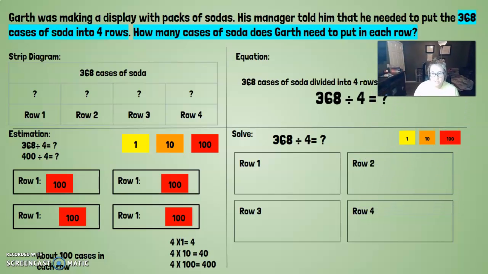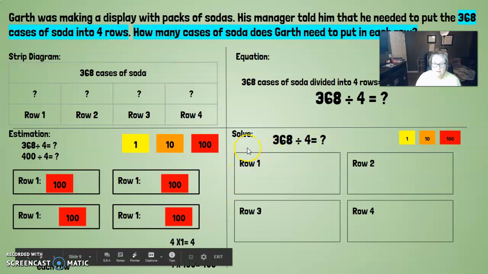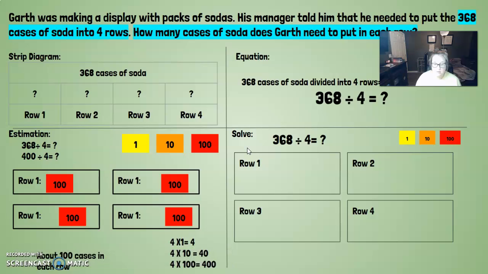But now I actually want to solve it. So I'm going to do the same exact thing. I am going to divide 368 divided by 4. Well, over here I said that 4 times 1 was 4, 4 times 10 was 40, and 4 times 100 was 400. But 368 is smaller than 400, so unfortunately, I can't use any of my hundreds, so I'm going to have to use tens.